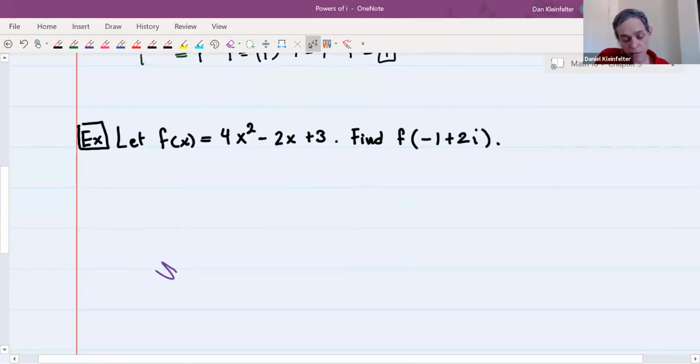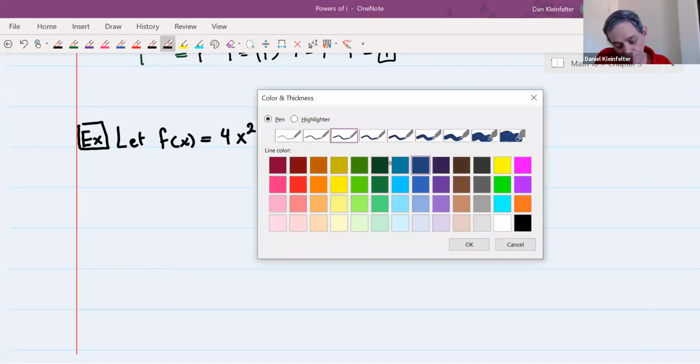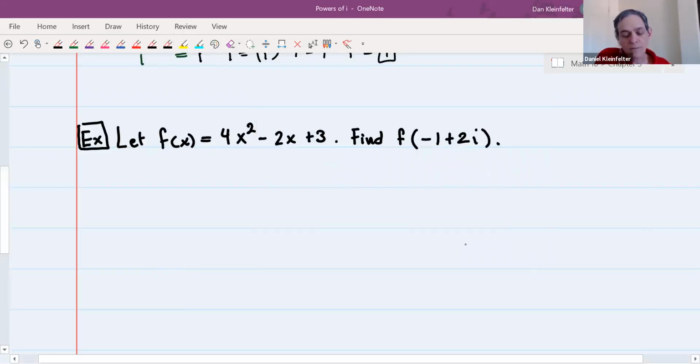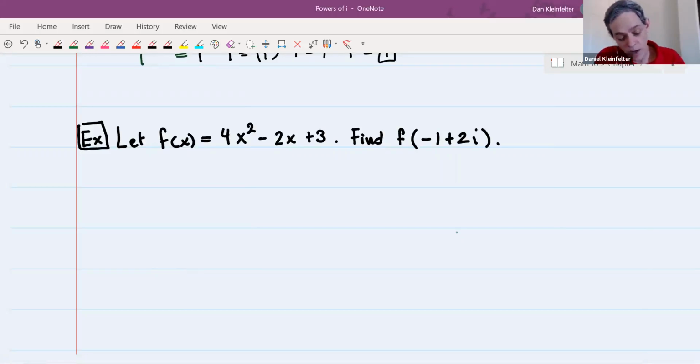In the meantime, we're going to move on and just evaluate a function at a complex number. And so we want to see that this is the same as the way we've always evaluated our functions before. Our function f is 4x squared minus 2x plus 3. And we're going to find f of negative 1 plus 2i.